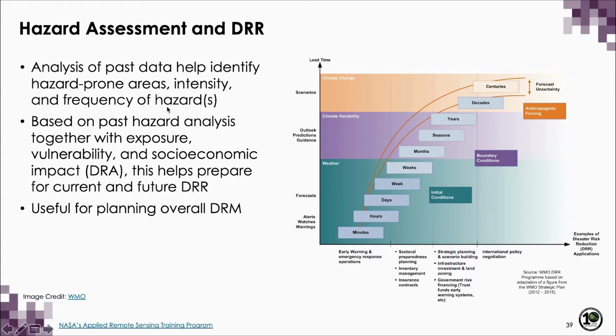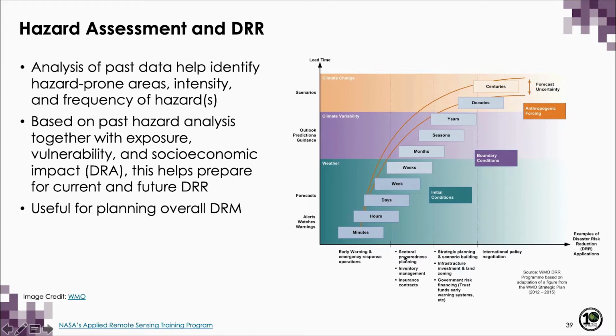So, hazard assessment for disaster risk reduction. These are the steps required. On this side, there is a chart provided by the World Meteorological Organization that talks about examples of disaster risk reduction applications and the lead time for information required. As you can see, for early warning and emergency response operations, you need alerts, watches, and warnings. It requires information on time scales from minutes to hours to days.